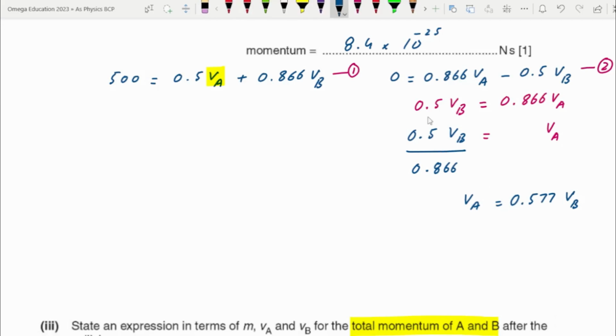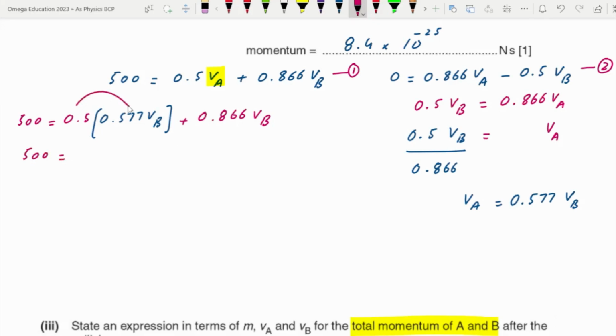So I'm going to insert this value of VA in the first equation over here. So the first equation would be written as 500 equals 0.5, and then I'm going to insert the new value of VA, which is in terms of VB, 0.577 VB, plus the next thing, each and everything as it is. All right, so we have to solve this using the calculator.